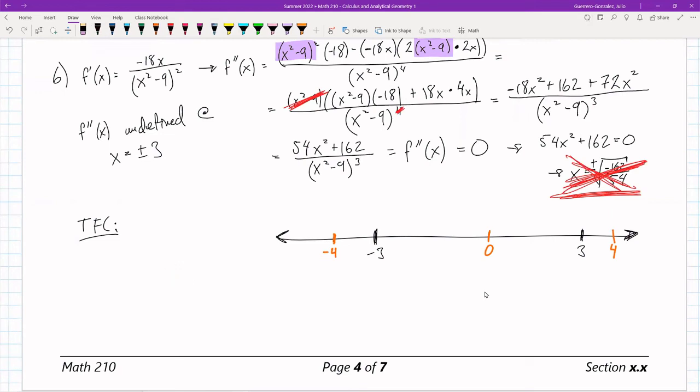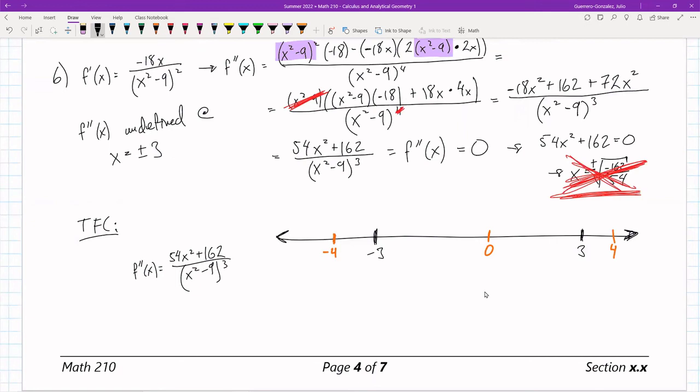Let me move this over a little bit. F double prime of x, 54x squared plus 162 all over x squared minus 9 cubed. Okay, we are off to the races.